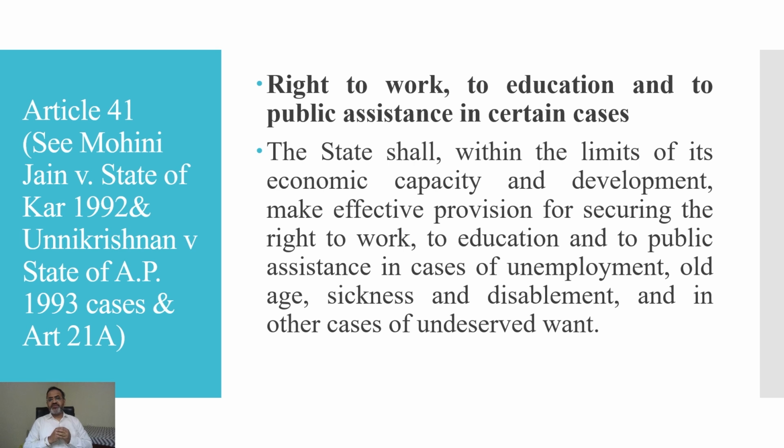Though this is an amended version of Article 41, the unamended version, the original one, had actually articulated that right to education, and right to primary education for a child between 6 to 14 years of age, must be achieved within 10 years from the commencement of the Constitution.